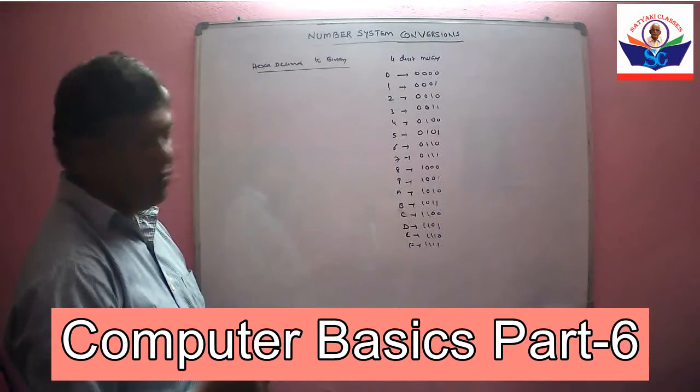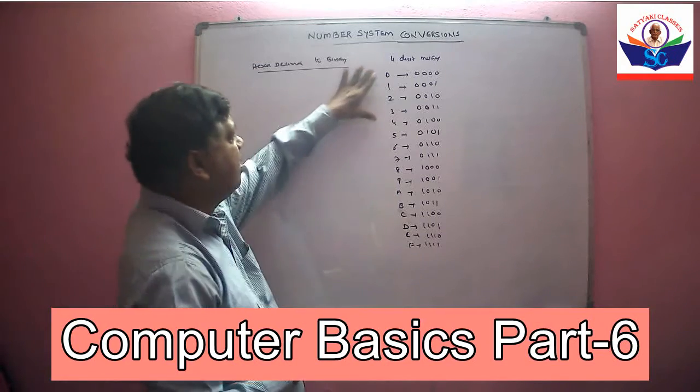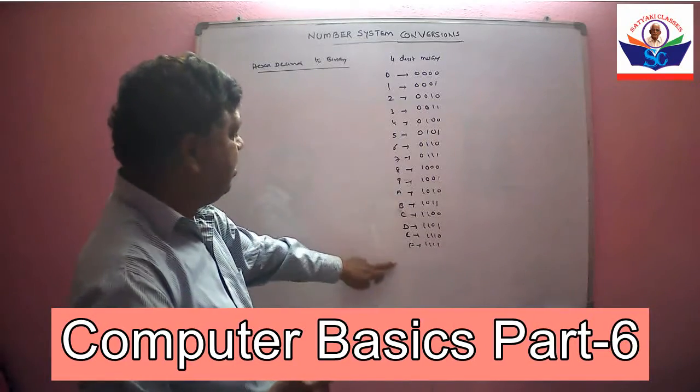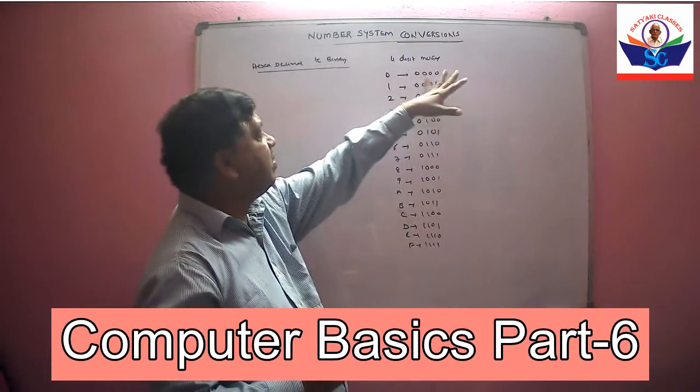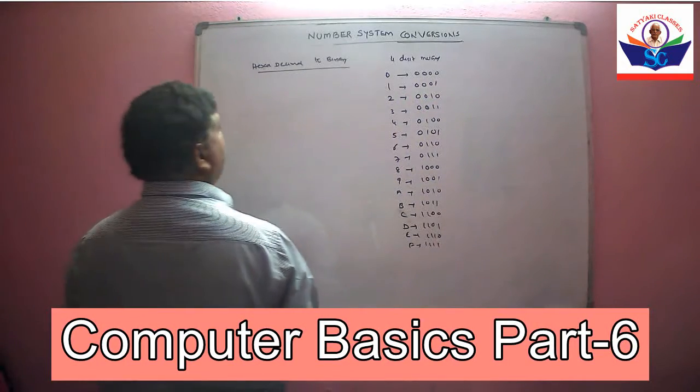This is the 4-digit method. These are the hexadecimal digits and these are the equivalent binary digits.